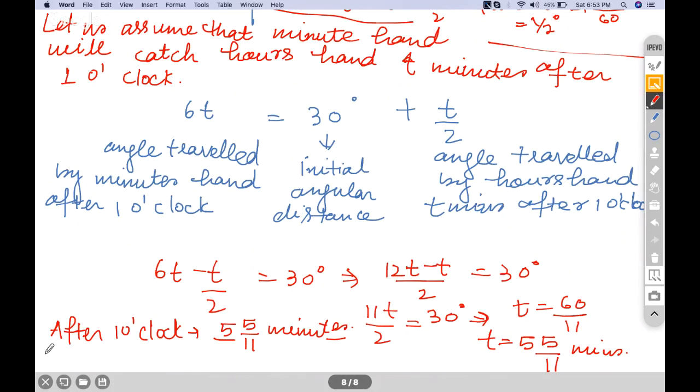So after 12 o'clock, they'll meet after 60 minutes from 12 o'clock to 1 o'clock, and 5 5 by 11 minutes more. So it comes out to be 65 5 by 11 minutes. That is why I told you that the hours hand and minutes hand will meet each other after every 65 5 by 11 minutes. Now tell me if you understood this thing or not. Otherwise, I'll explain once more.